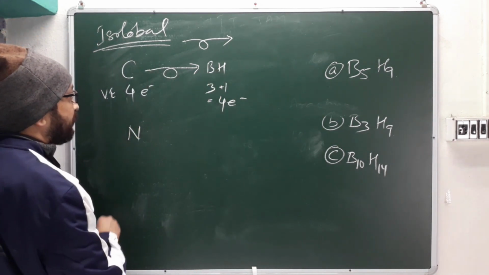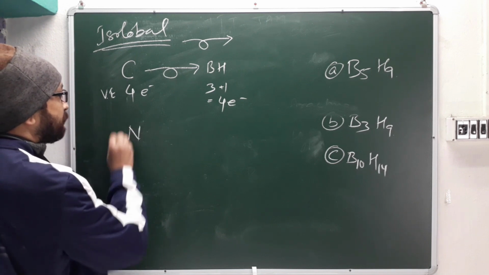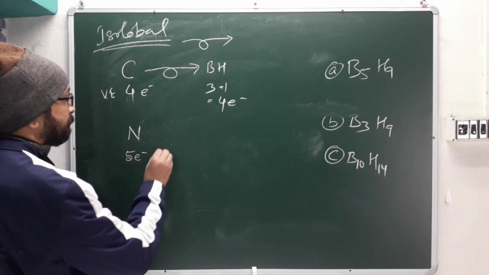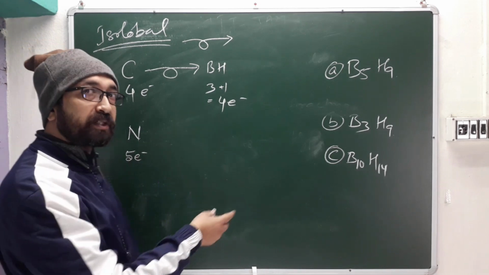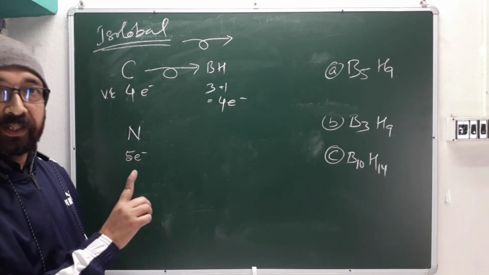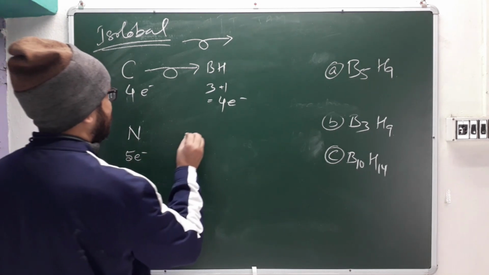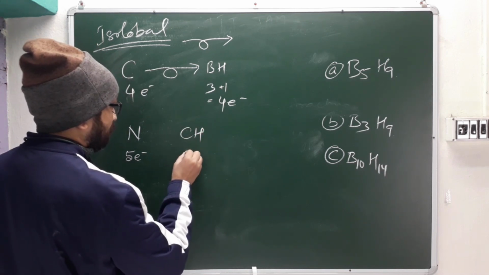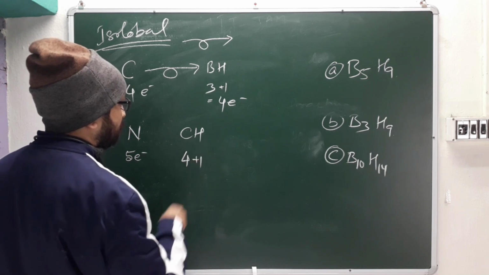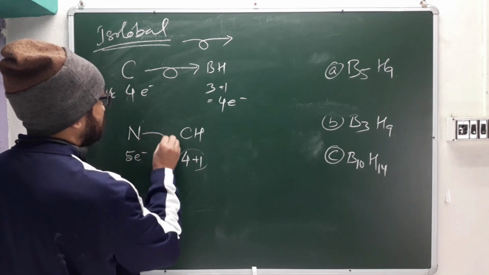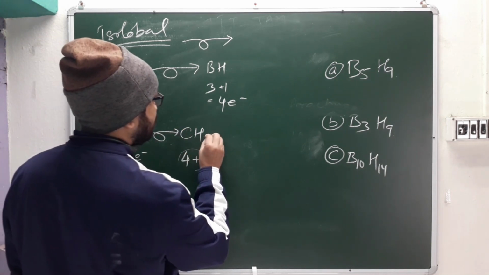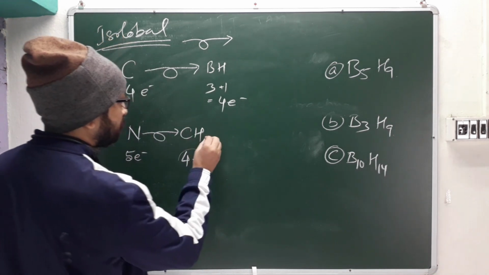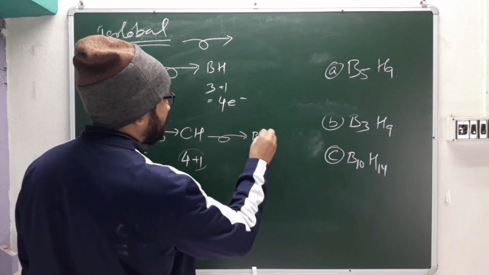Likewise, if I take nitrogen, what is the valence electron count of nitrogen? It will be 5 electrons, correct? And we have to search for another fragment that has 5 electrons. We can write CH also. Here it will be 4 plus 1, so here also 5 electrons. So nitrogen is isolobal with CH, and nitrogen is also isolobal with BH2.